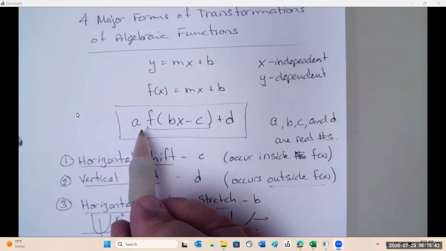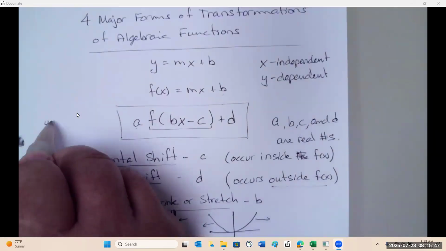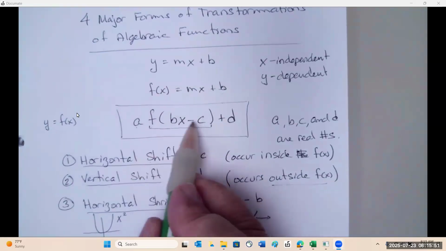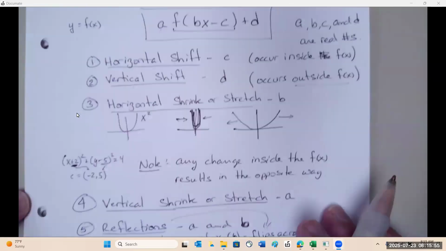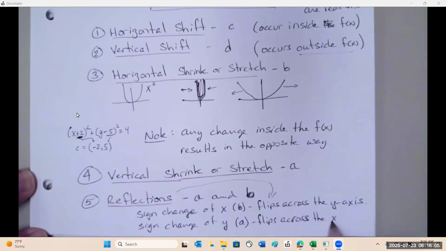This is either positive or negative. That makes your y values positive or negative. Remember, y is the same thing as f of x. So if a changes from positive to negative, this one flips across the x-axis.